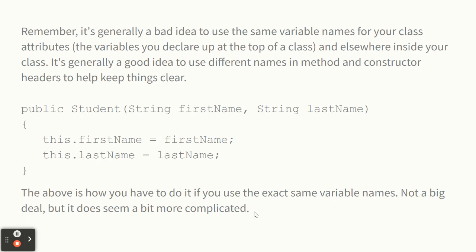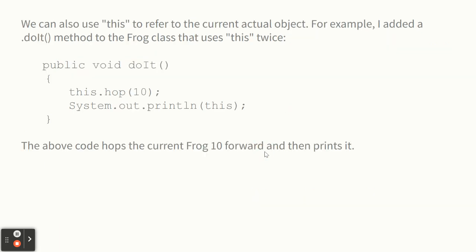So this is a lot more complicated than just doing a different name like F or first up here or L and last. But if you really insist on having the variable names be the same, you go ahead and put a this on it. Not a big deal, but it does seem a little more complicated. We can also use this to refer to the current object.